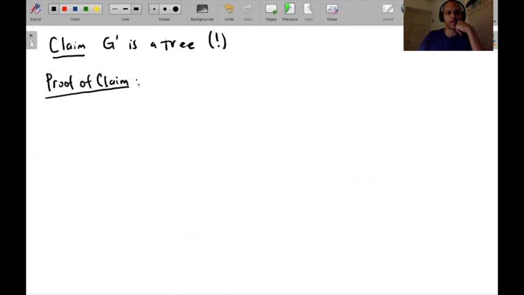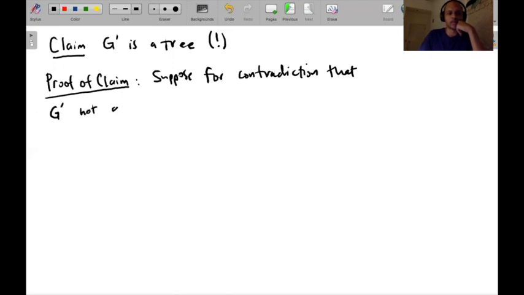Suppose for a contradiction that G prime is not a tree.